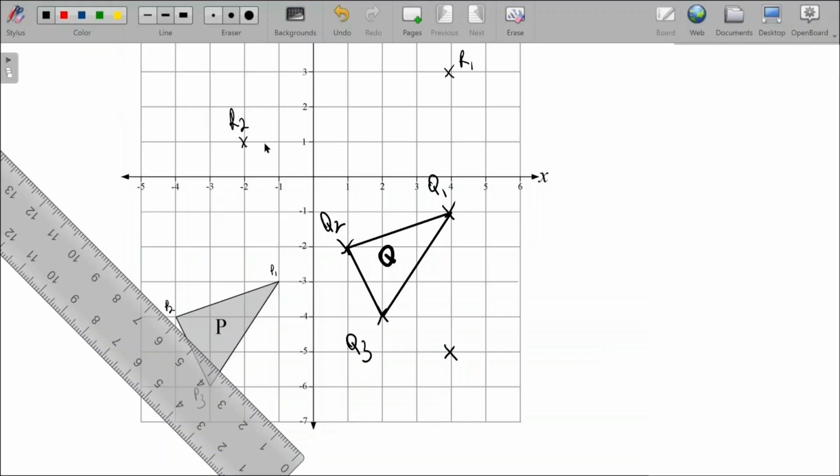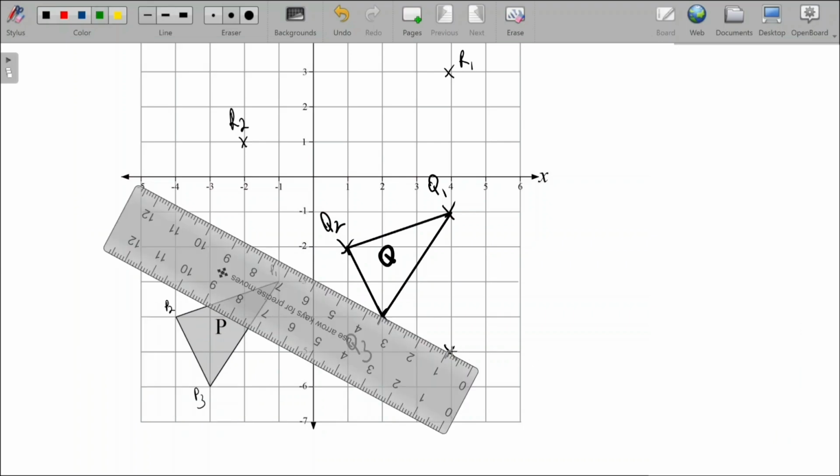We have R1, R2, we need R3 to form triangle R, which is an enlarged triangle Q by a scale factor of 2. We have vertex point Q3 here, and we have the center of enlargement here. We need to draw a line from the center of enlargement through Q3 as long as possible in the grid. We draw the line.